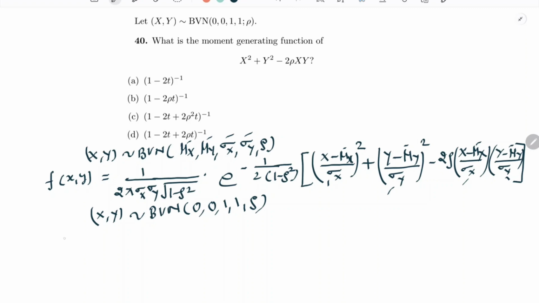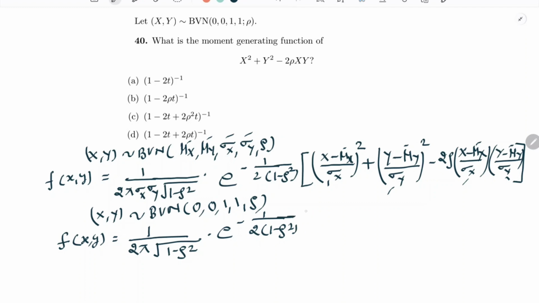So what will be the PDF? The PDF will be 1 upon 2 pi under root 1 minus rho square e to the power minus 1 upon 2 into 1 minus rho square.